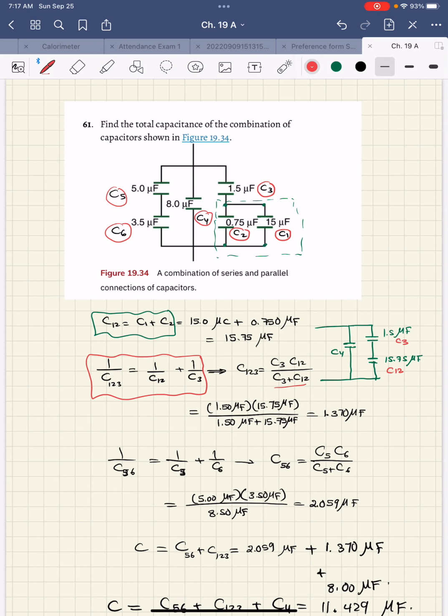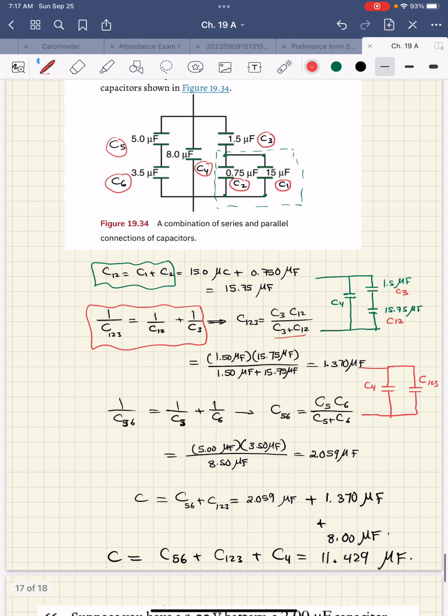Now what I can do is the following. I can redraw this as, okay, this one here is going to be the C123, and this is the C4. And the rest, of course, is going to stay the same.